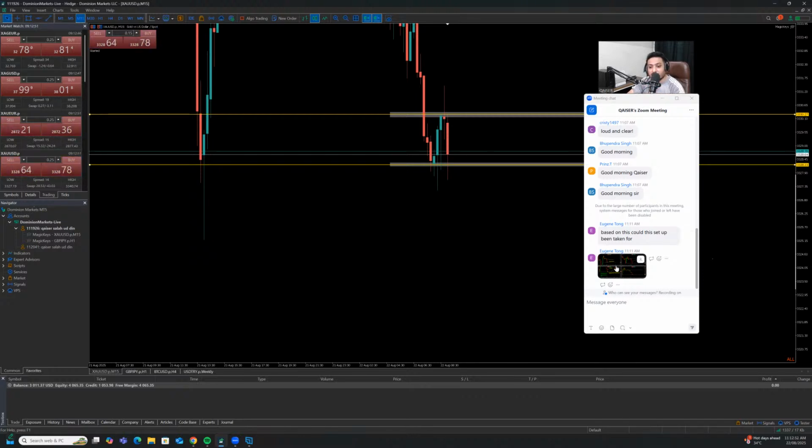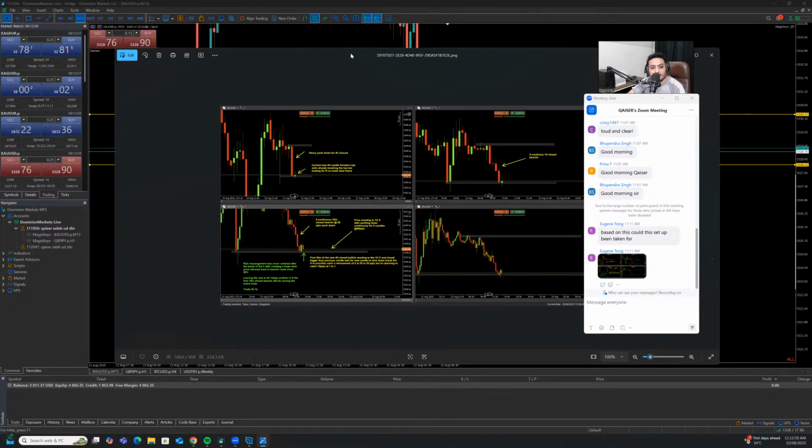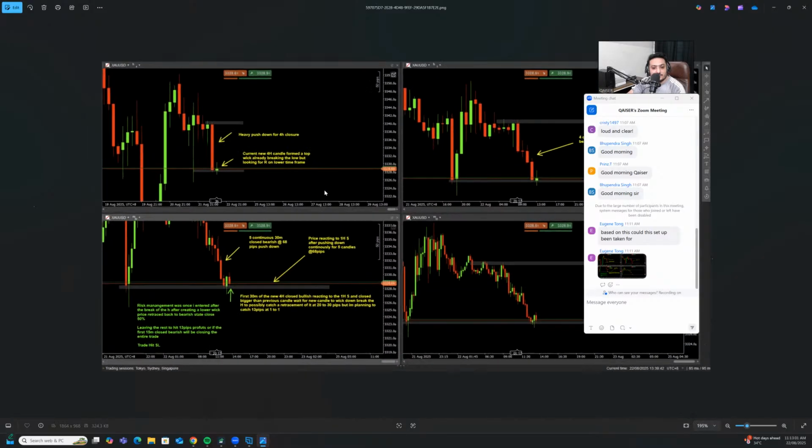Alright, so we just got some chart here. Let's look at this one until the 15-minute candle closes. I just need to zoom in.